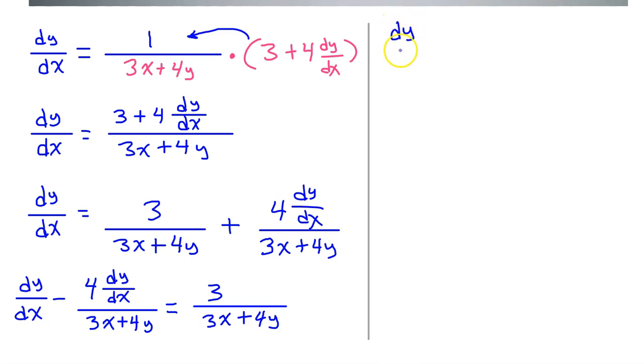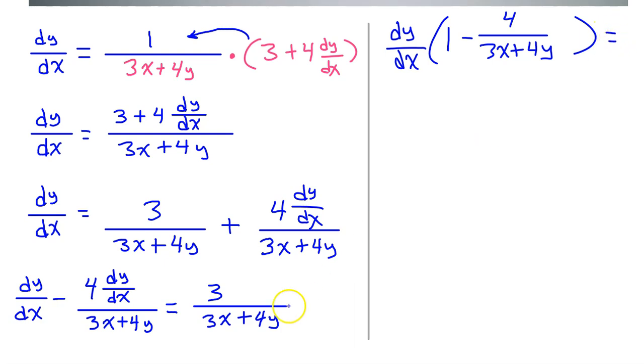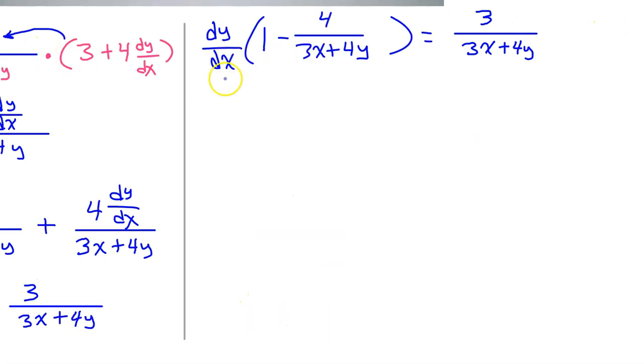So let's pull the dy/dx outside of parentheses, and that's going to leave behind 1 from the first dy/dx, and then minus the rest of this, 4 over (3x plus 4y). And then it's still equal to the rest.